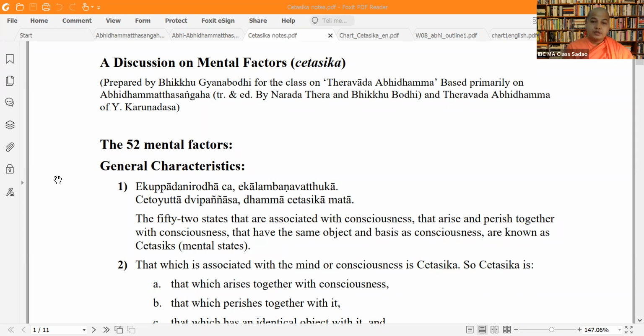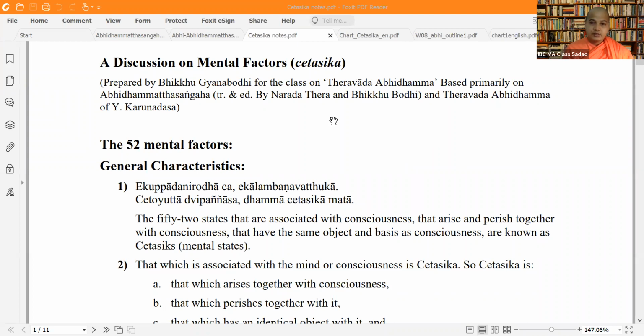In the discussion of Abhidhamma, they clearly provide an exposition of, for example, how many Cetasikas accompany a particular Chitta.